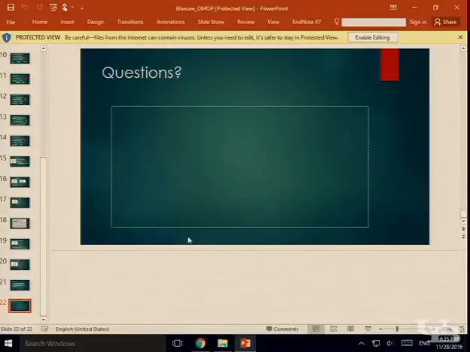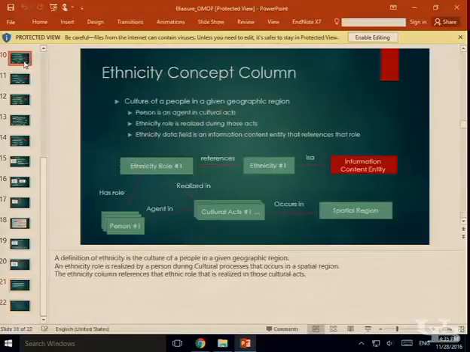Okay. I think at slide 10, it seems like you defined ethnicity by using ethnicity. It's a person who has ethnicity role in a cultural act. Is that right? Yeah, that seems like a problem. Here is the ethnicity one. I should have done this a little differently so it's more apparent.